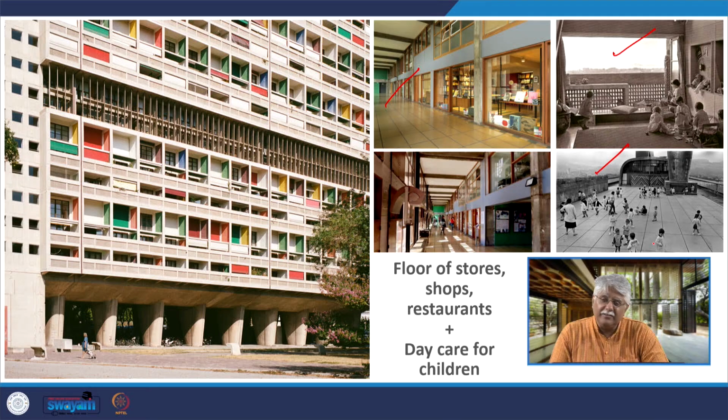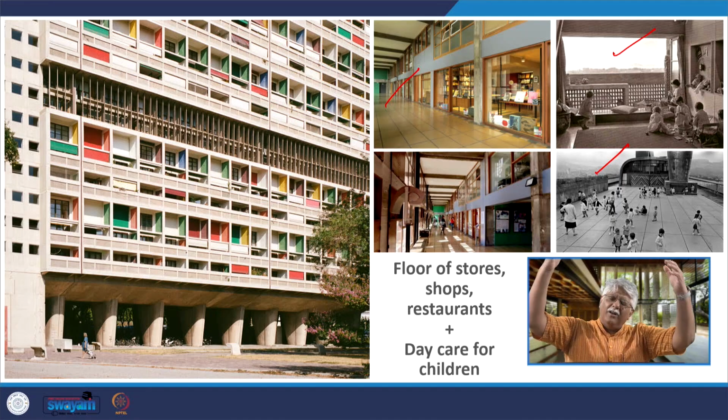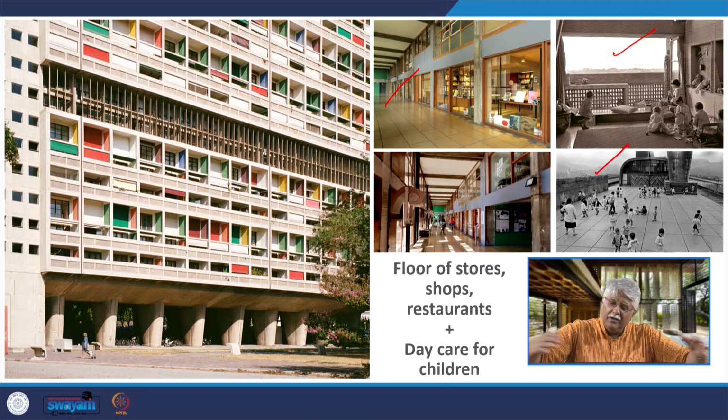Because this building is so tall and situated in Marseilles at a higher topography, you get a fantastic view of the city all around you, and you get to use it as a play area and a jogging track. There's a small swimming pool also on the roof, and there's an open air theatre. What you see here in between these Brise-Soleil are these vertical sun breakers.